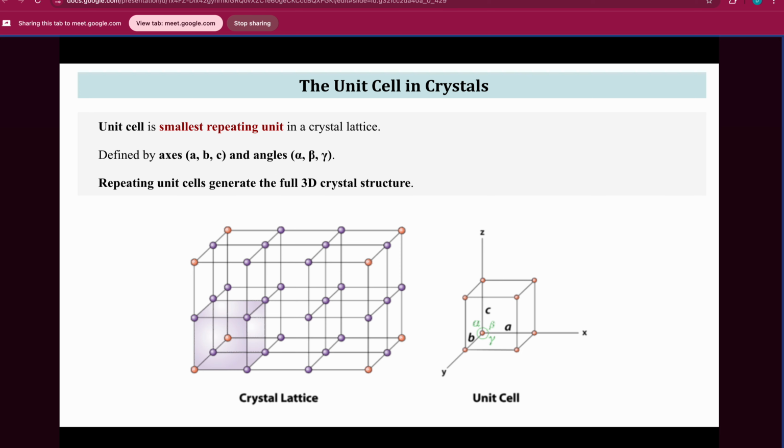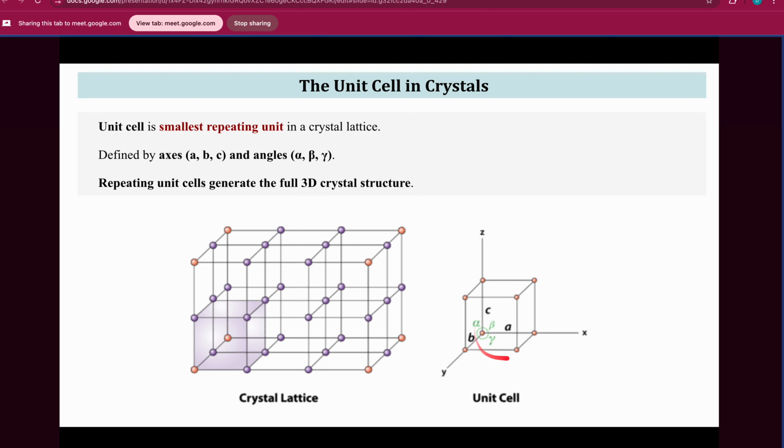Now as we are talking about crystals, we will also talk about the unit cell concept, because unit cells are the smallest repeating units present in the crystal. Multiple unit cells combine and give rise to a proper crystal lattice.